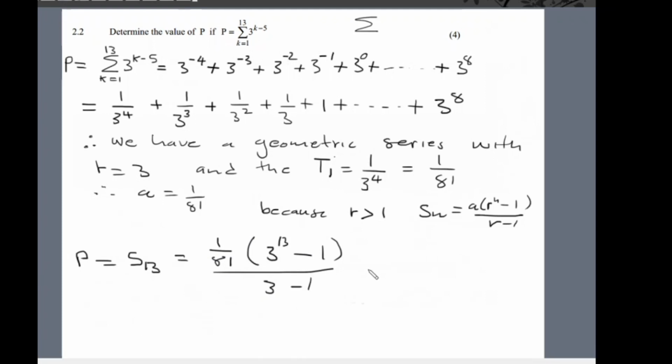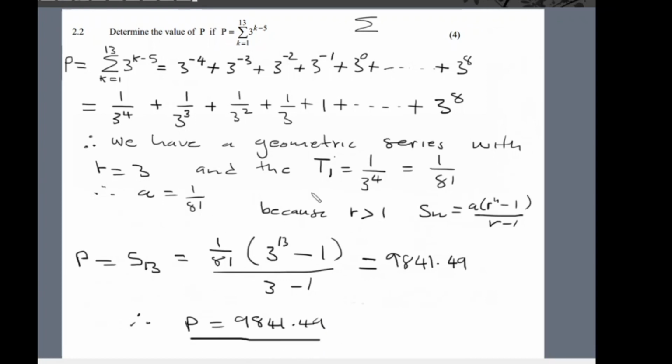So this is equal to, now press your calculator and you will find that this is equal to 9,841.49. So therefore p is equal to that number. So yeah, that is the value of p.